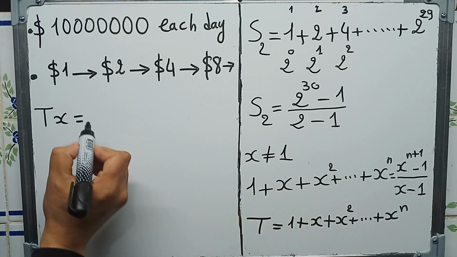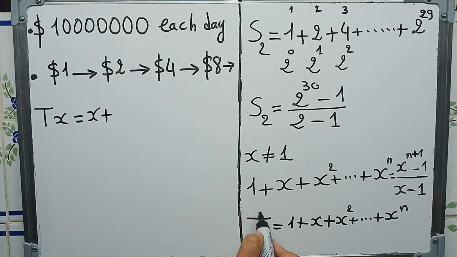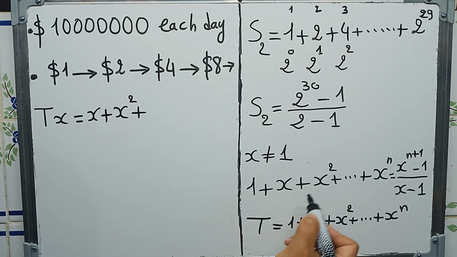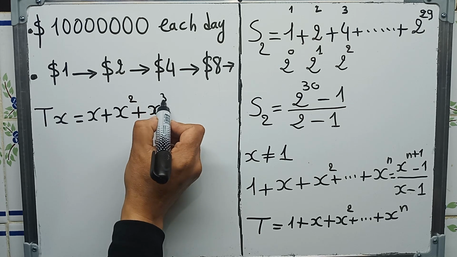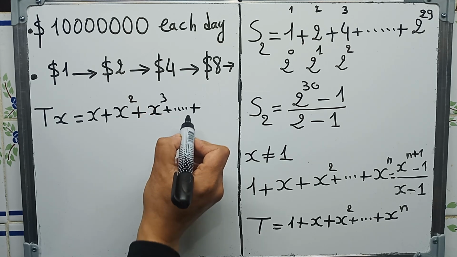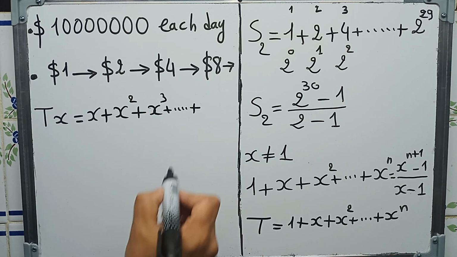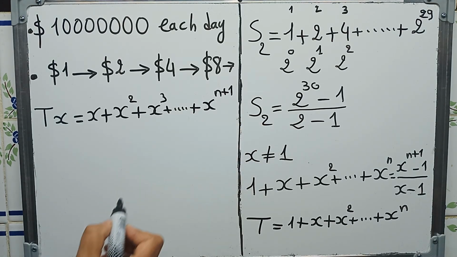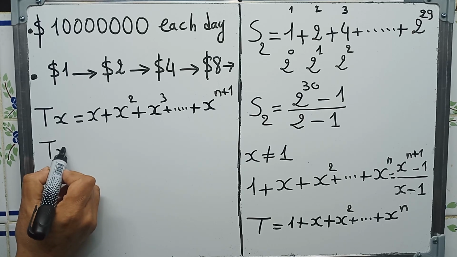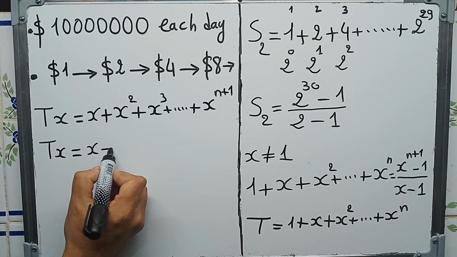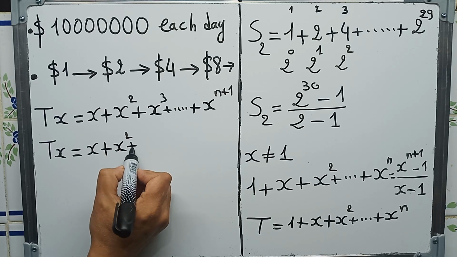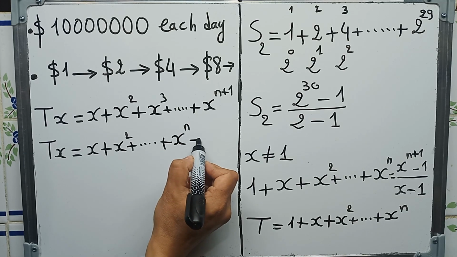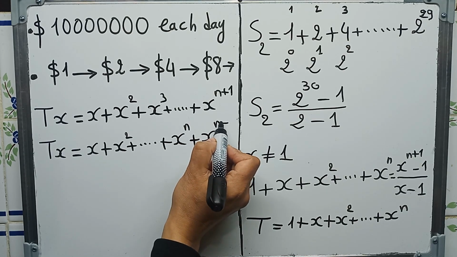So x times 1 is x, plus x times x, x squared, plus x times x squared is x cubed, and until the last term, which is x to the power n plus 1. But just before x to the power n plus 1, there is the term x to the power n: x plus x squared plus, until here before x to the power n plus 1, there is x to the power n plus x to the power n plus 1.